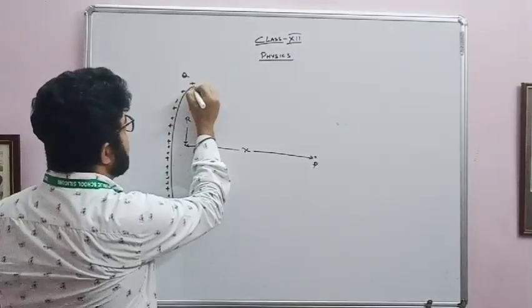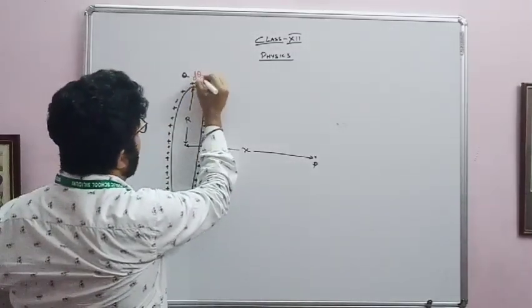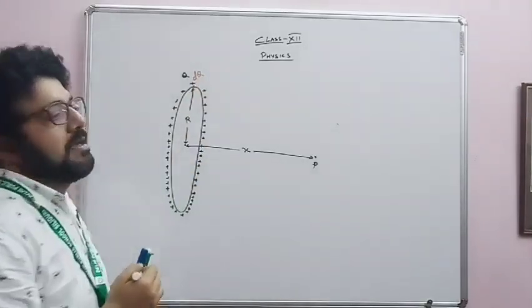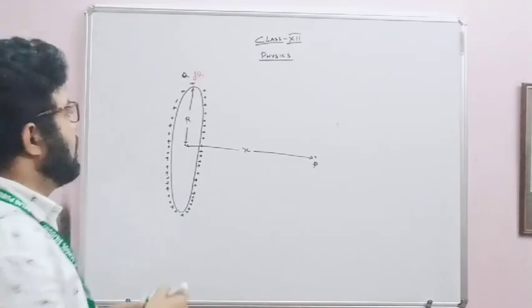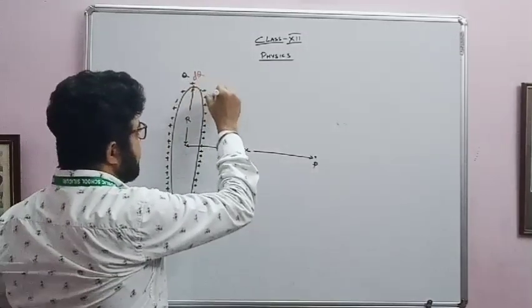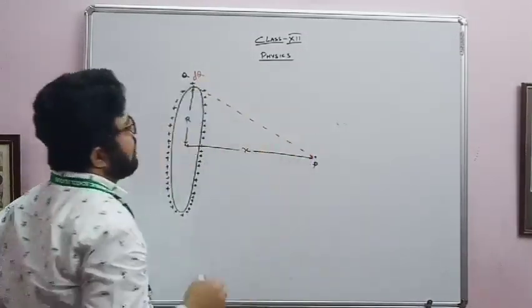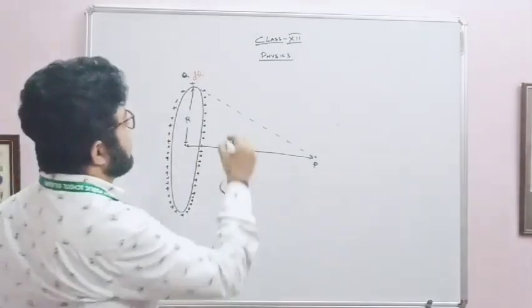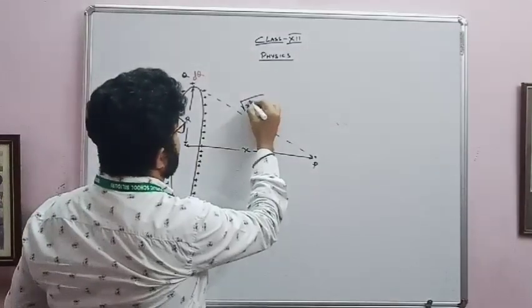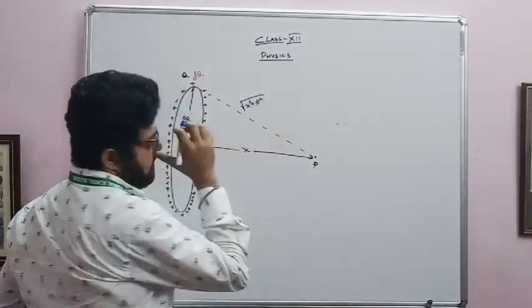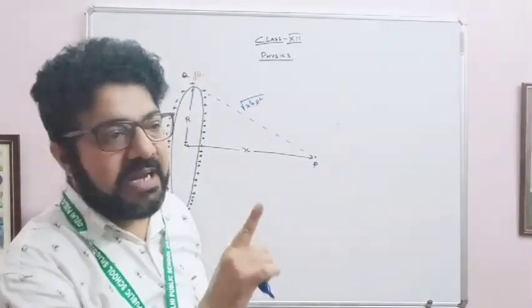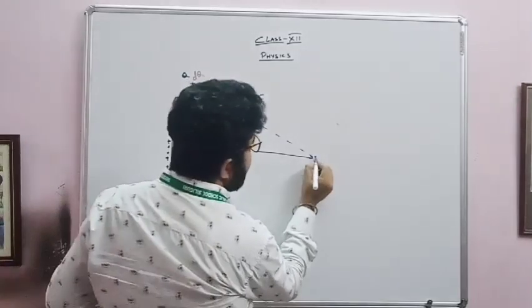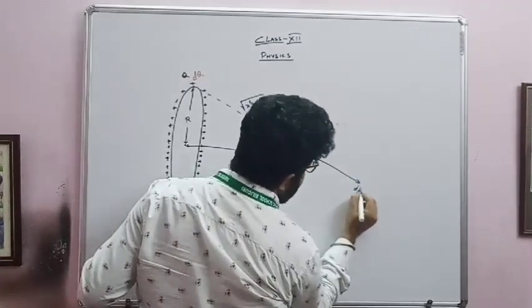So let us consider a small elementary part, and let the amount of charge there be dq. Now from that point, if we take a tangent, the distance is the square root of x square plus r square, and we know for a positive charge the direction of the electric field is away from the charge, so we draw it in that direction.